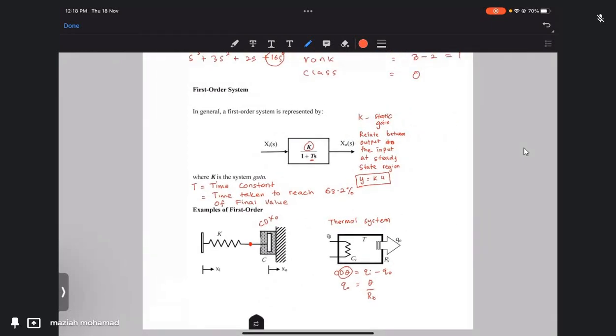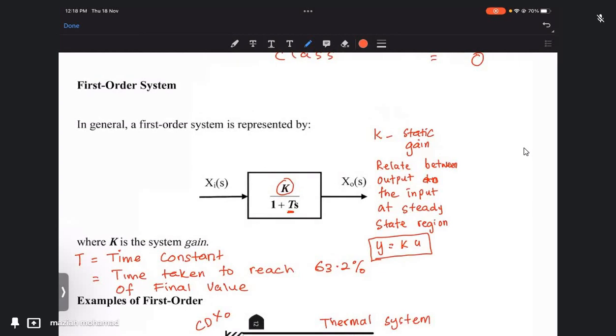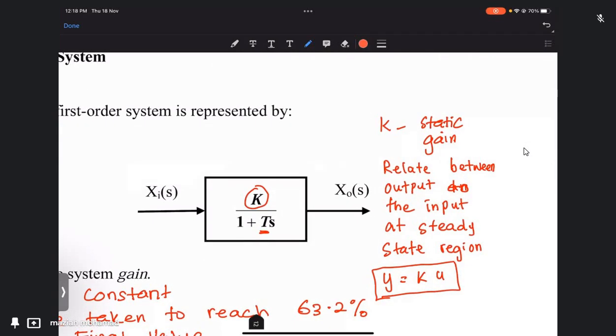All right, so in this transfer function, k over 1 plus ts, I call this a general transfer function. It means that every time we have a transfer function, we need to write it in the form of k over 1 plus ts.